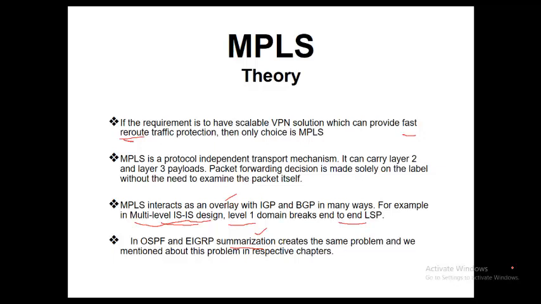And whenever you think about IGP protocol for underlay support, you need to make sure you have a single area if it is OSPF and ISIS. If it is ISIS, even if you have multiple areas, make sure you have L2 everywhere.